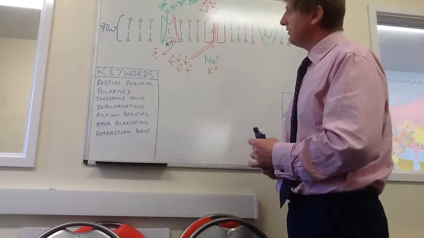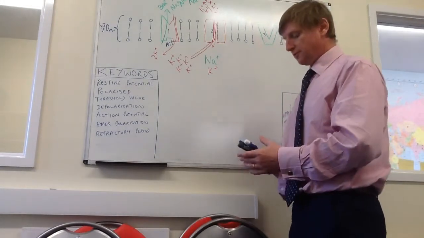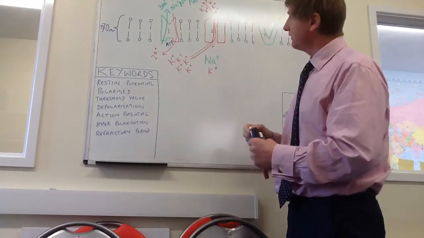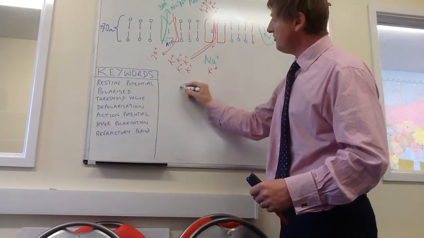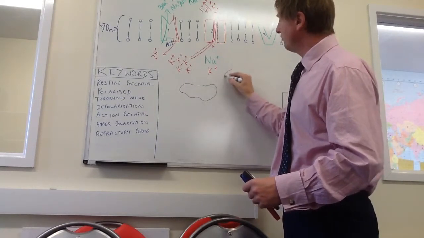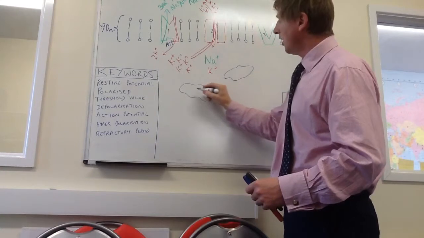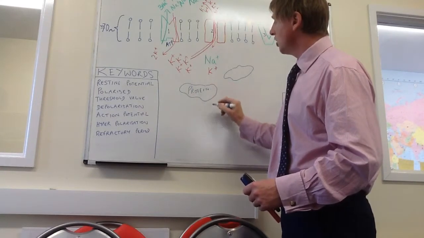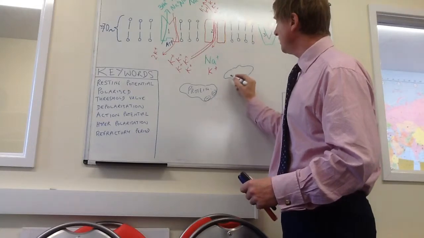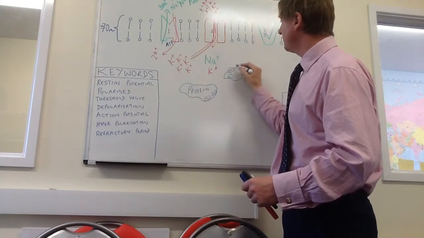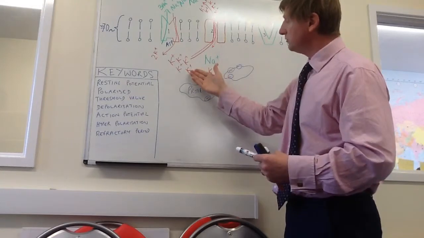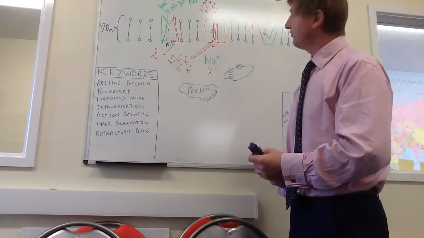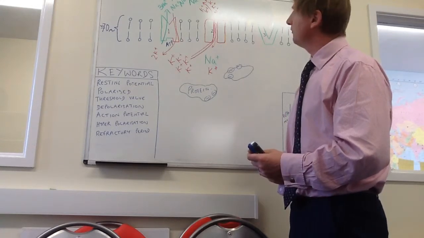Last thing to say about this resting potential is that there are a few other players in this, and that is on the inside of the membrane are some big clunky proteins which carry a lot of negative charge, and therefore they also add to the negativity of the inside of the axon.